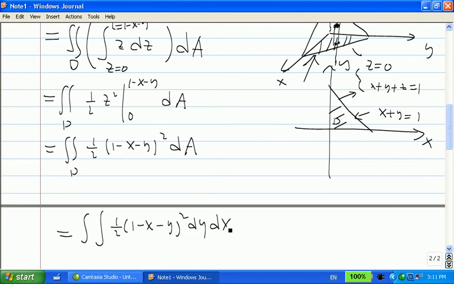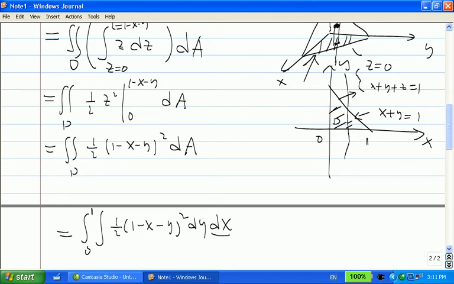Always look at the variable that is outside, which is x. So make the projection of this triangle on the x-axis. The smallest x will be 0, the largest 1. At the intersection of this curve with y equal to 0, x is 1. So your x is between 0 and 1 for all the points in this triangle.